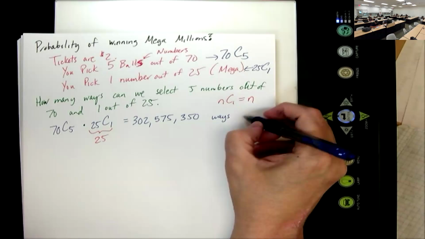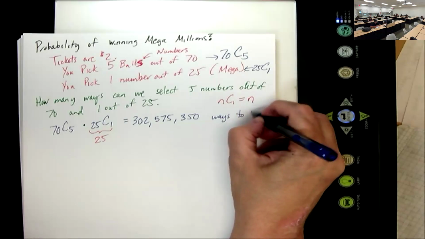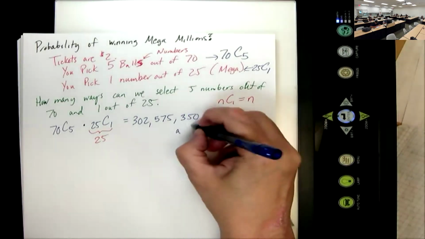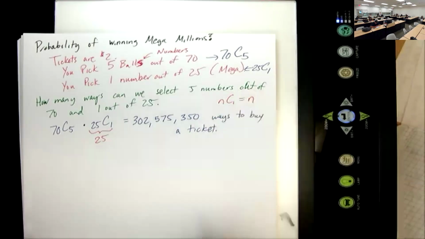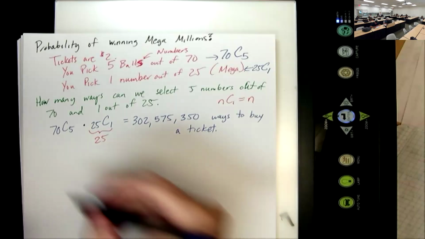This is basically ways to buy a ticket. Now tickets are $2 each.